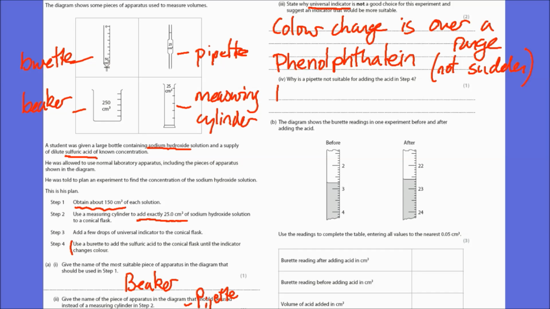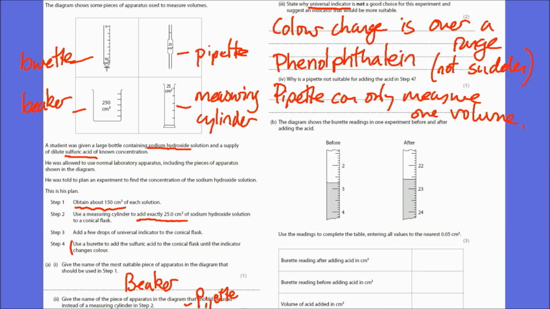Okay, so the answer to this is a pipette can only measure one volume.